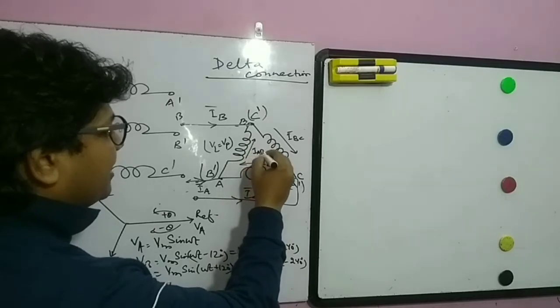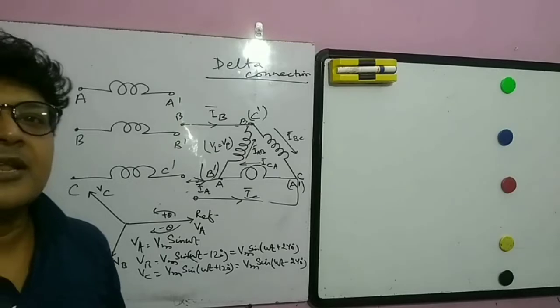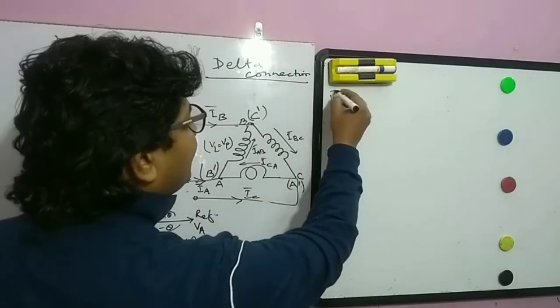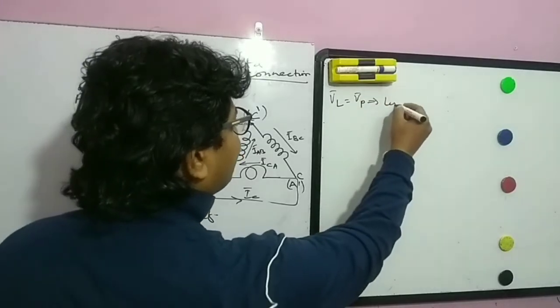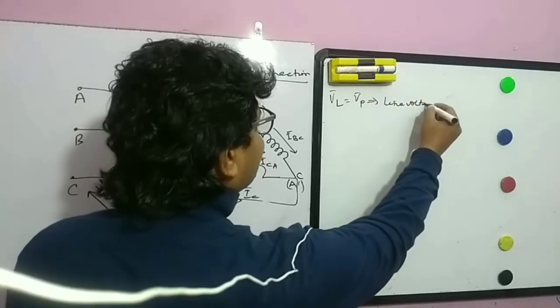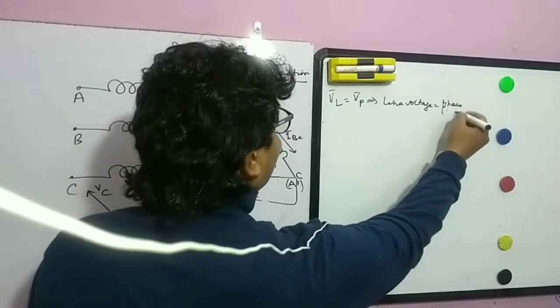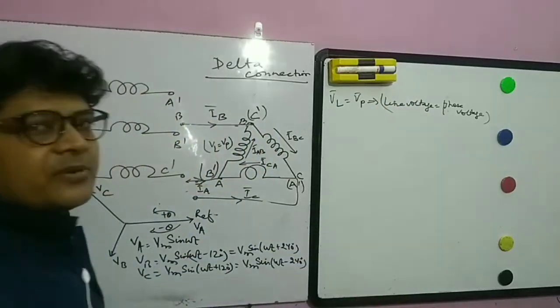So current is flowing like this. So VL is equal to V phase. This implies that line voltage will be equal to phase voltage in case of delta.